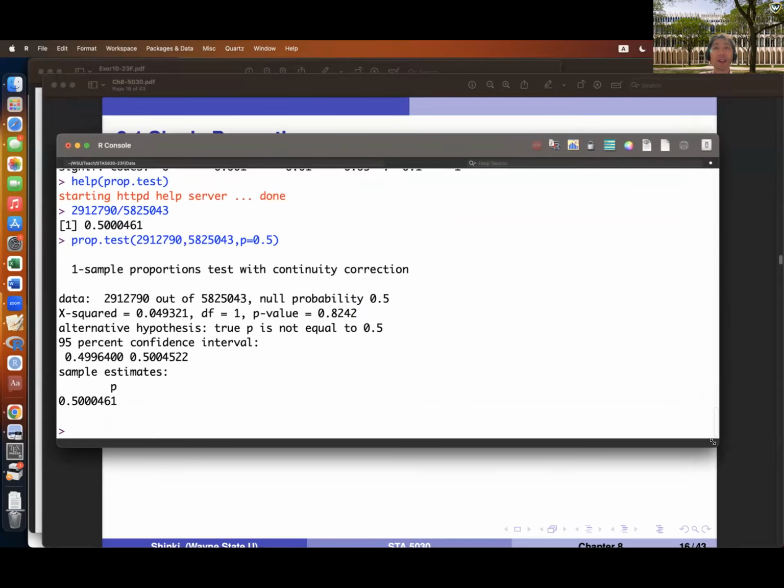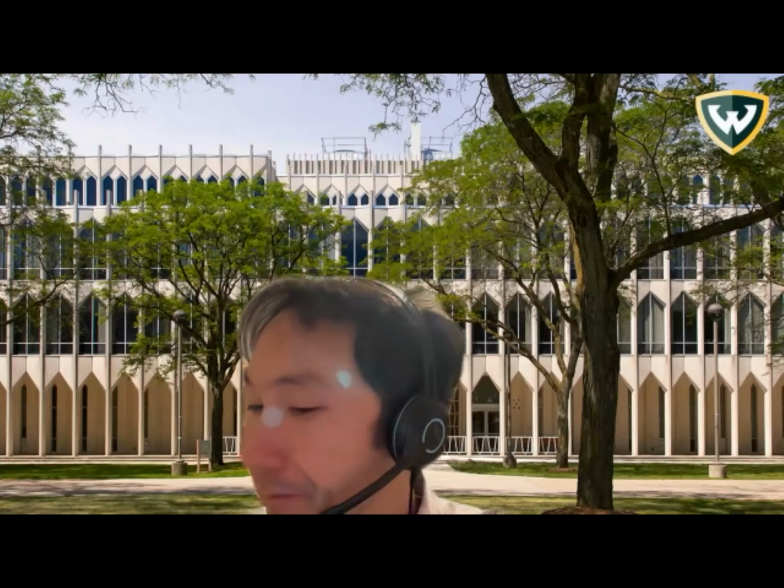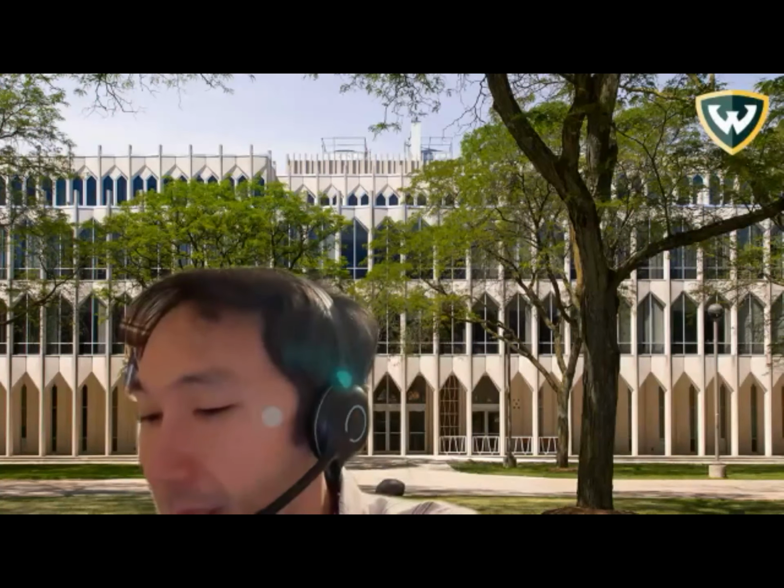So we cannot reject the hypothesis that Floridians just voted randomly for the two candidates, kind of. But anyway, an election is not statistics. If one person gets more votes, then he or she would be elected.